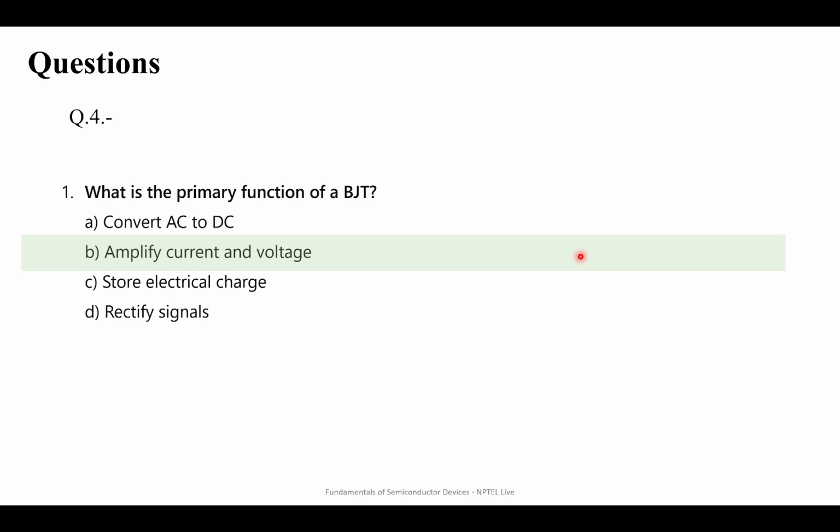That means if it's in microamperes you will have milliamperes and such. When it comes to switching, there are better devices than a BJT, but for amplifying, BJT is the best device.